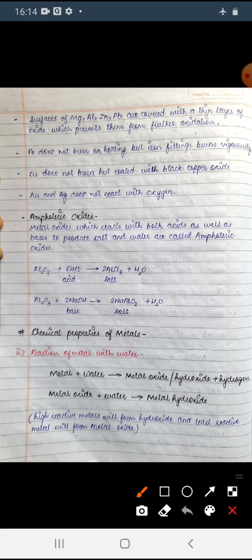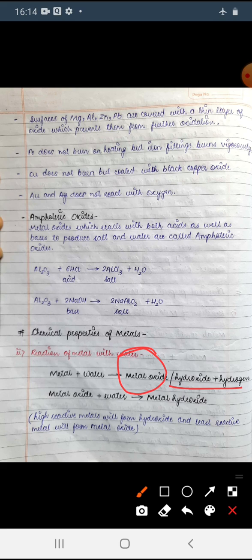When a metal reacts with water, it forms metal oxide or hydroxide, and hydrogen is released. When this metal oxide reacts further with water, it forms metal hydroxide.